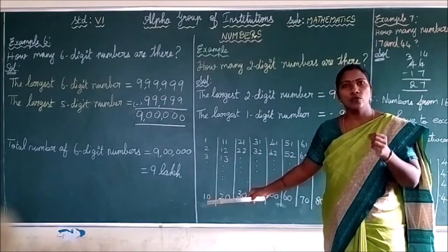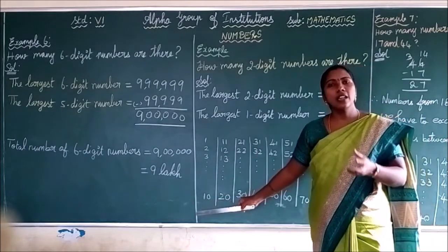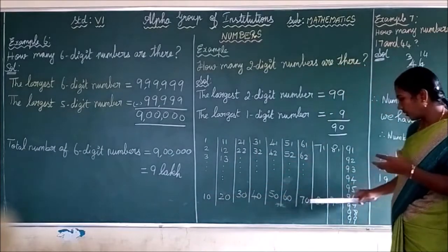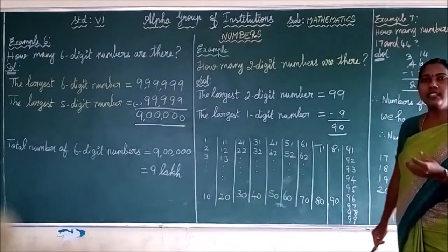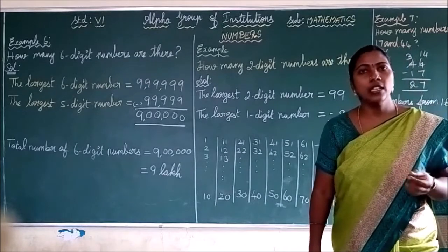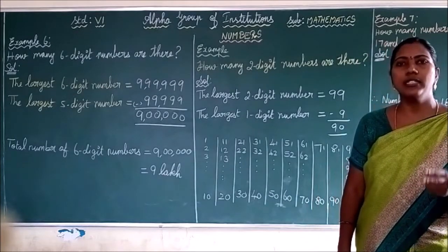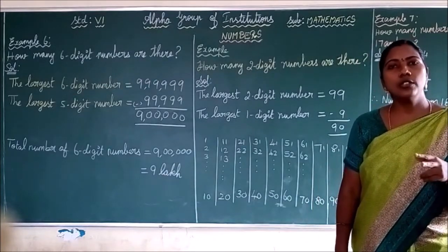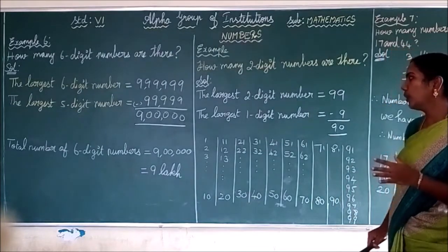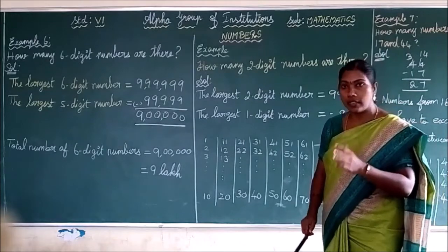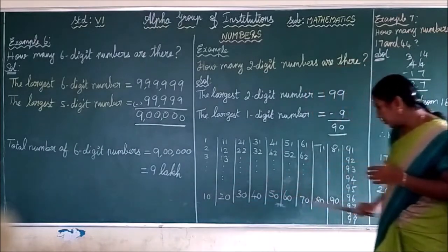Which is the last 2 digit number? Yes, 99. After 99 you get 100, which is a 3 digit number. Thus, the smallest 2 digit number is 10 and the largest 2 digit number is 99. Is it clear, children?